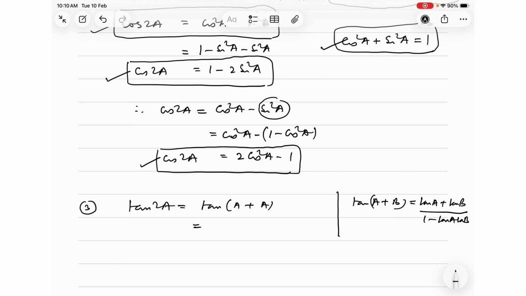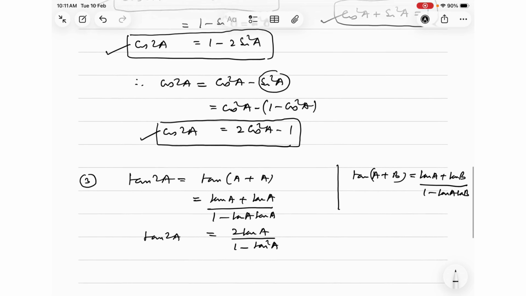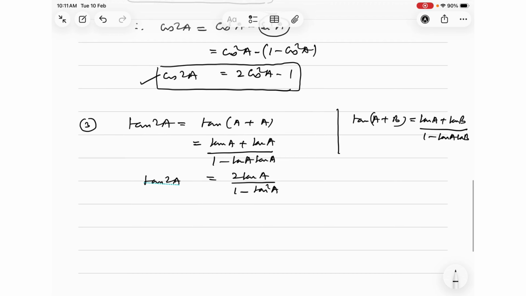So therefore it is tan A plus tan A by 1 minus tan A into tan A. Therefore numerator tan A plus tan A becomes 2 tan A, denominator becomes 1 minus tan A into tan A, means tan square A. So this is the third basic formula in the multiple submultiple chapter.